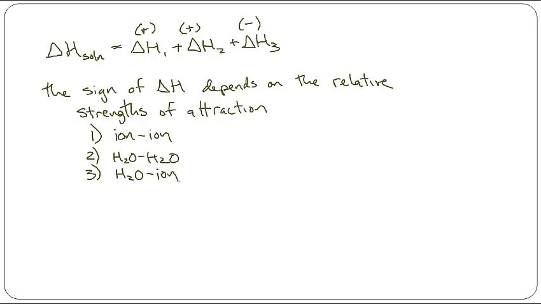So how about dissolving in entropy? Here we want to look at two major steps. The ions go from solid to aqueous. What would you think the sign of delta S would be?